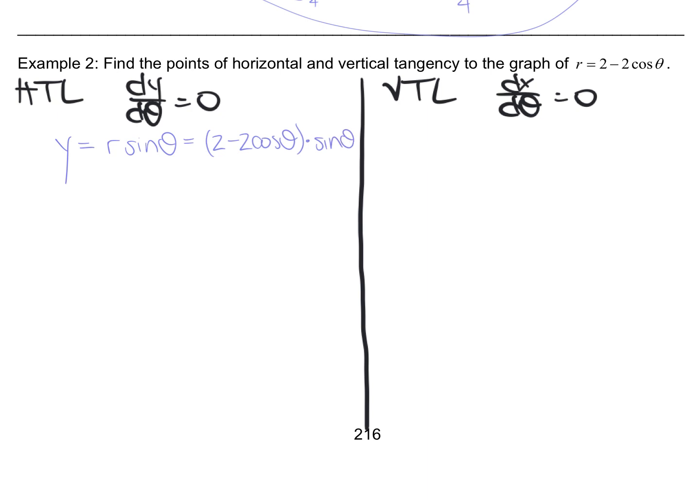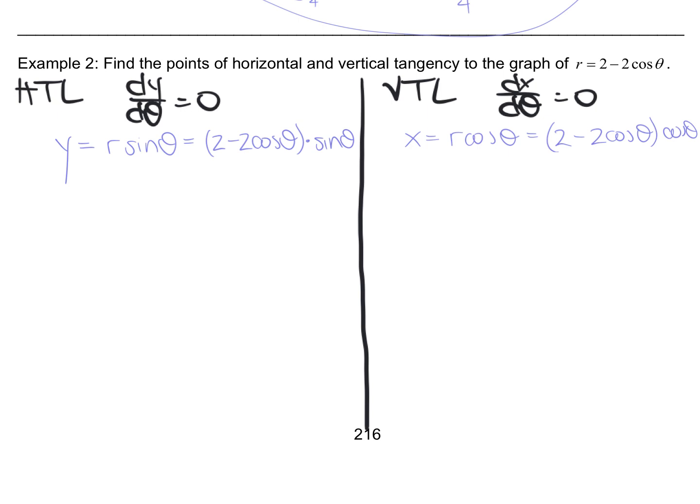Yes? What about x? X equals r cosine theta, which means for this particular problem, that looks like 2 minus 2 cosine theta times cosine theta. Yes?